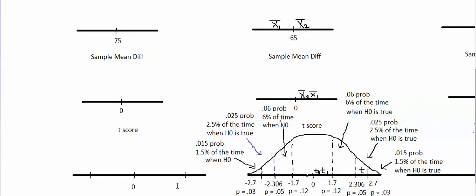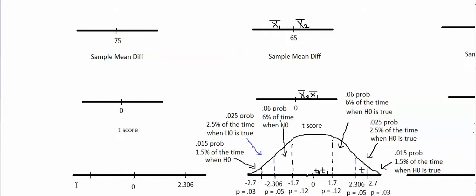So I still want you to put the critical values. The sample size hasn't changed, so the critical values are still the same.